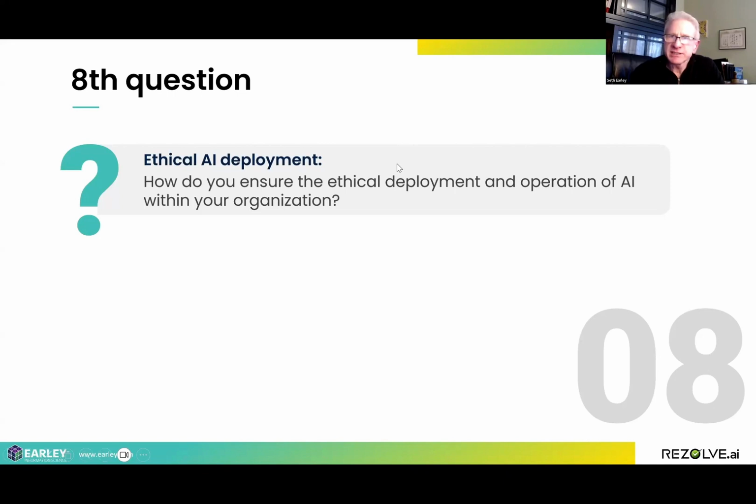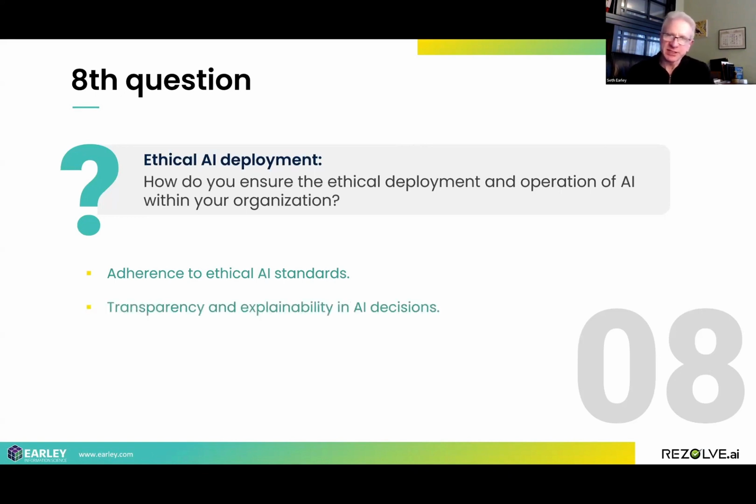Yeah, I mean, what is ethical, right? It's transparency and letting people know that they're dealing with a bot. Don't make them think they're not dealing with a bot when they are. Make sure you're clear about data collection and usage of data, and as a rule or guideline, make sure you're not using biased data.